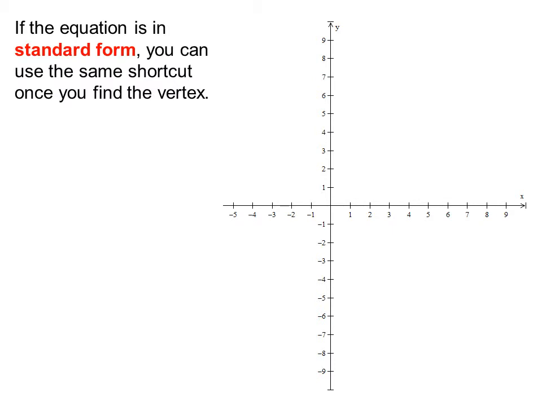If the equation is in standard form, you can use the same shortcut once you find the vertex. So if I have y equals x squared minus 4x plus 3, I look at that and recognize it as a parabola opening upward. I just need to know where the vertex is.